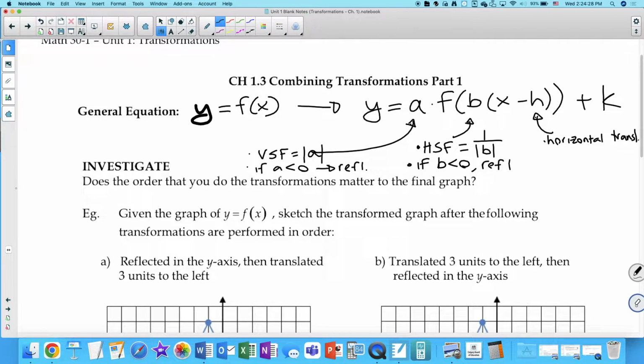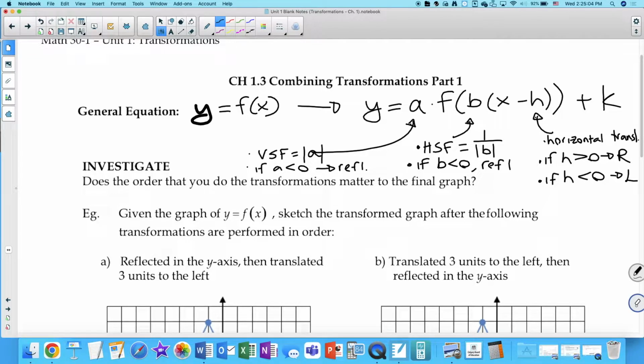It's going to go right, because the negative sign is built in. So if h is greater than 0, it's going to go right. If h is less than 0, it's going to go left. Let's say h is -5, this would be x minus -5. So the sign inside the bracket doesn't correlate to the direction that it moves, but that's because in the format of the equation, the negative sign is already in there.